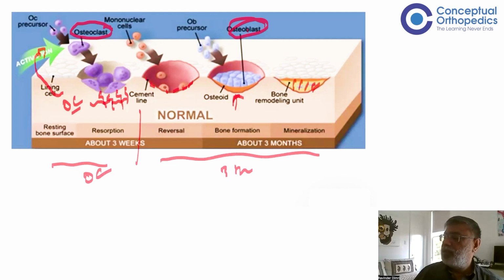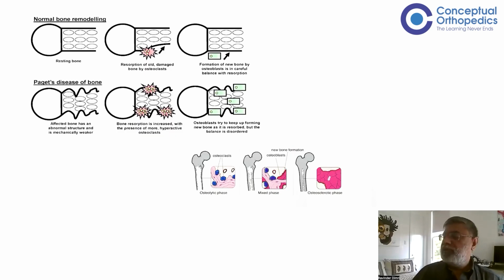That is a normal remodeling cycle. Said another way: this is a resting bone, then the osteoclast comes and absorbs bone, and the osteoblast forms bone. So this is a normal cycle.